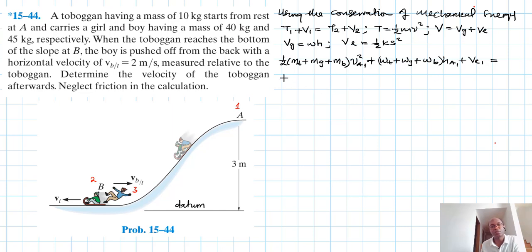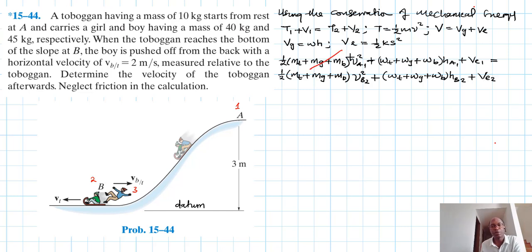Then this is equal to, at this stage, half again MT plus MG plus MB times VB squared at state 2, plus WT plus WG plus WB times HB2, and Ve2.